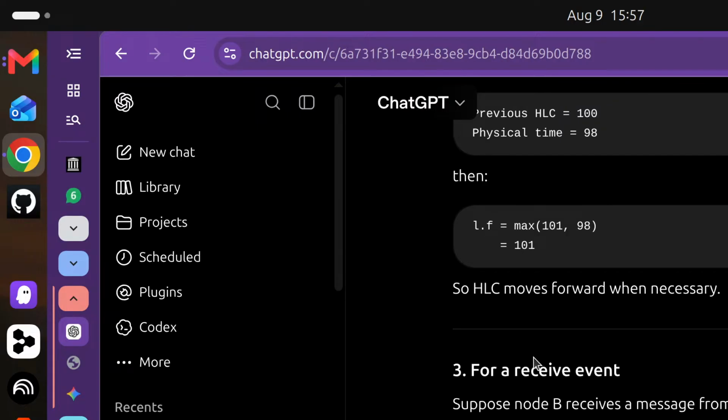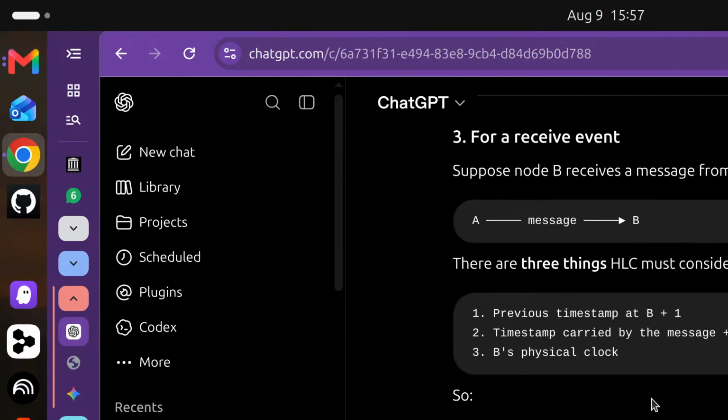For a receive event, suppose node B receives a message from A. The timestamp is the maximum of the previous timestamp at B plus 1, the timestamp carried by the message plus 1, and B's physical clock.